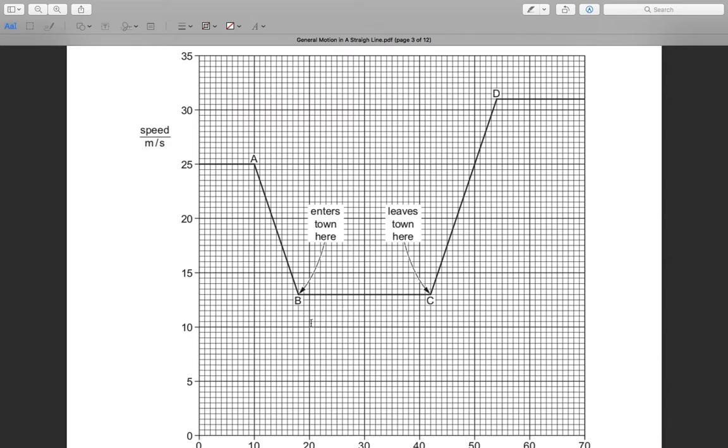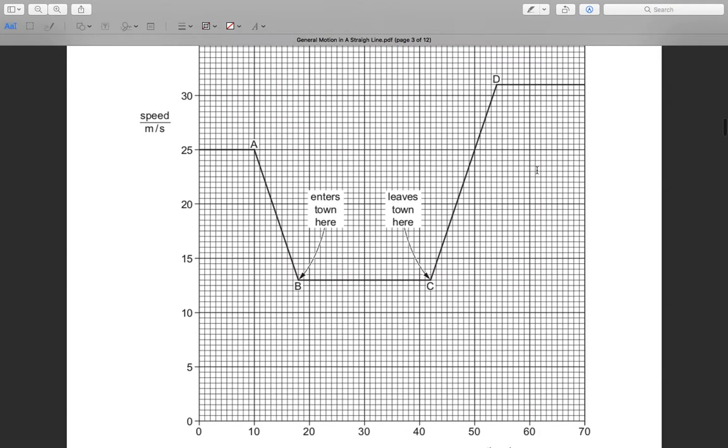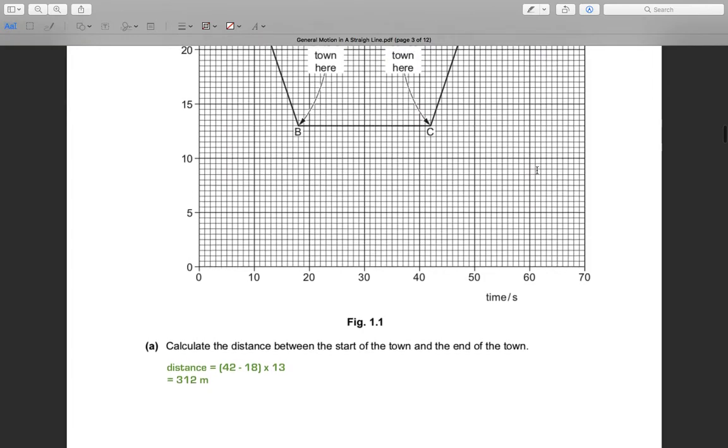So B and C are at the same velocity. Then from C to D there is an increase in speed, so it accelerates, and after D it has constant velocity. So we have some questions here.